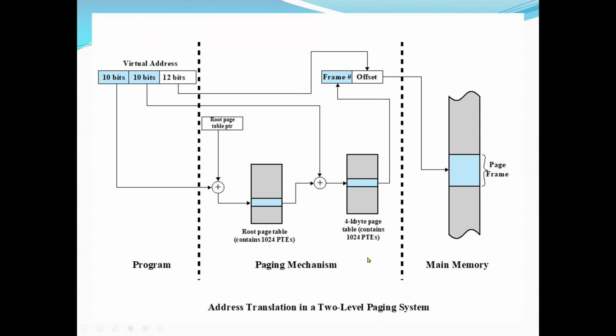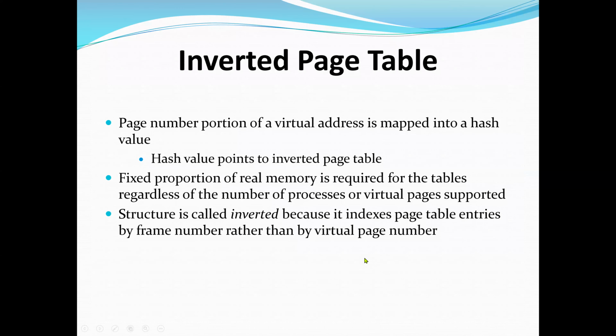Now we have a drawback here. The drawback of the types of page tables that we have been discussing is that their size is proportional to that of the virtual address space.